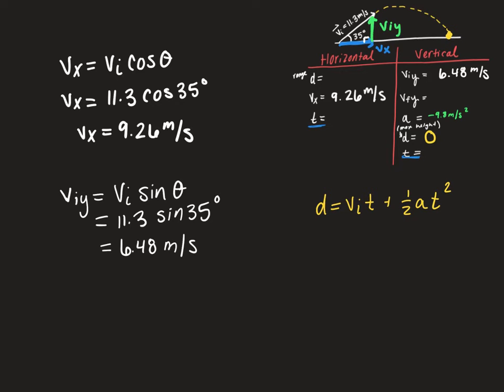Okay. So now we're going to plug in the values that we know. d is 0. Vi is going to be our Viy, which is 6.48 times t plus 1/2 times negative 9.8 times t squared.